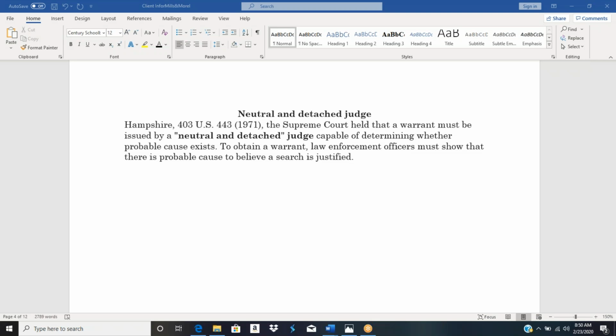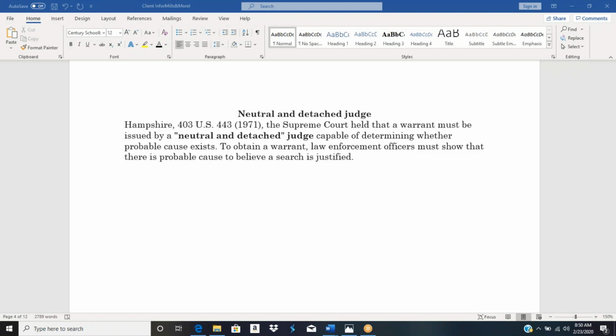Now, when you file that motion, and after you pay the filing fee, you get your subpoenas, and you mail the subpoenas out by certified mail. What you want to do is put together an affidavit stating that you want a neutral and detached judge.